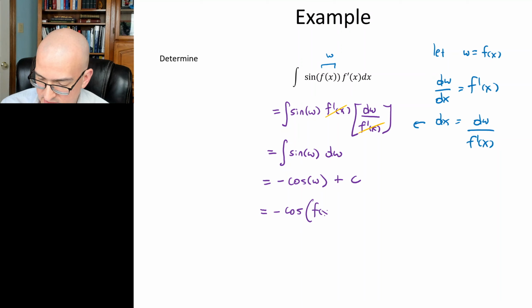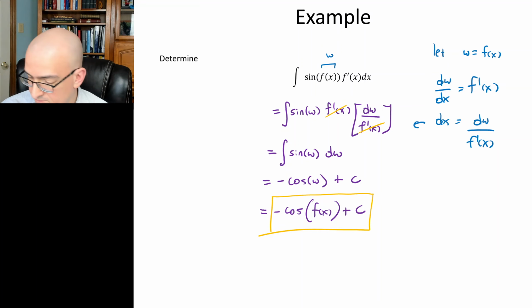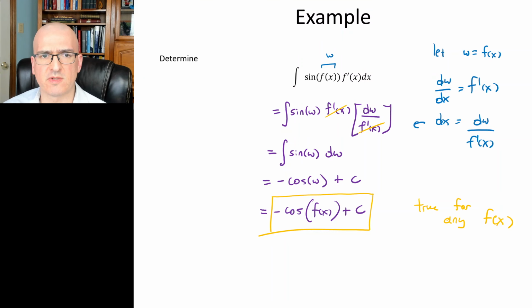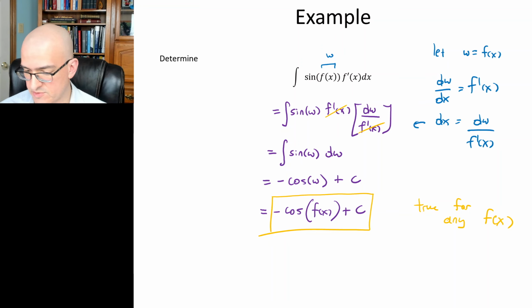Negative cos of f of x plus c. And this is true for any f of x. Well, there's some fine print. Any differentiable f of x, any function with a derivative, which is understood to be true because there's an f prime sitting there.